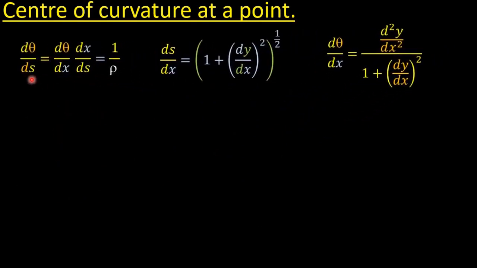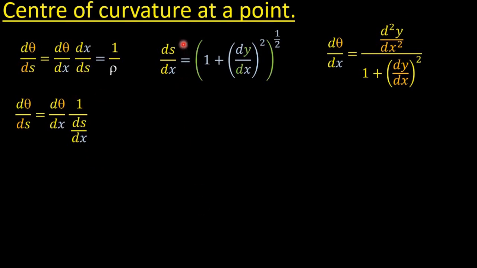So remember, we're trying to find dθ/ds, okay? I know what dθ/dx is now, so I found an expression for that, and I'll need to find dx/ds. Remember we had this equation earlier on where 1 over ds/dx equals dx/ds.